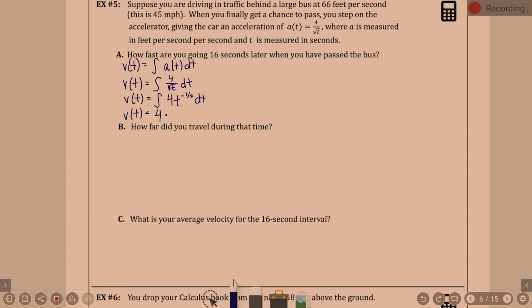If you divide by that power, dividing by 1/2 is multiplying by 2. So 2t to the 1/2. And then officially we should say plus C, because we don't have bounds, do we?